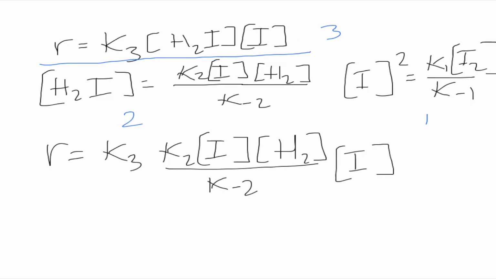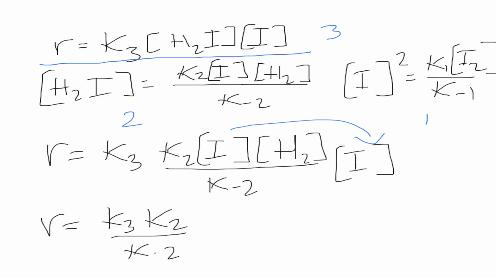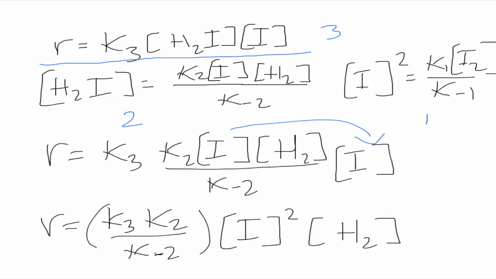So these two will multiply each other and make it squared, meaning that R is equal to K3 times K2, and I'm going to put all the K's together over K-2 in parentheses, times I squared times the concentration of hydrogen.